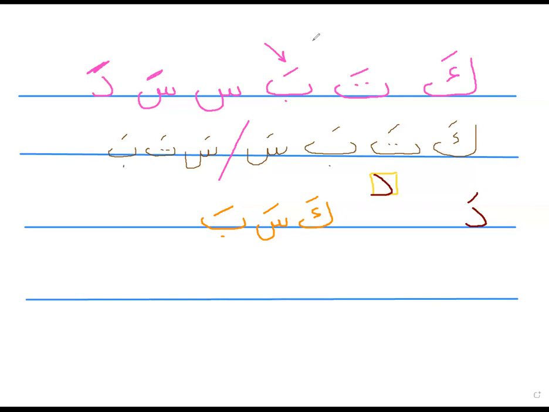So ka, I'm reading from right to left. Ka, sa, ba. Kasaba. Kasaba means to earn. So like kataba meant to write.